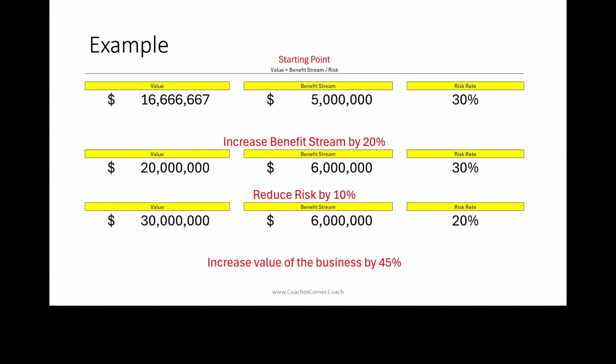If I do even more and keep the increase in my benefit stream but lower the risk that we have inside of the organization to 20%, the value goes to $30 million. It's an increase of 45%. What would you do to get these types of results?